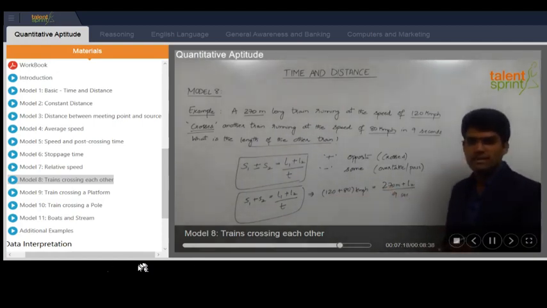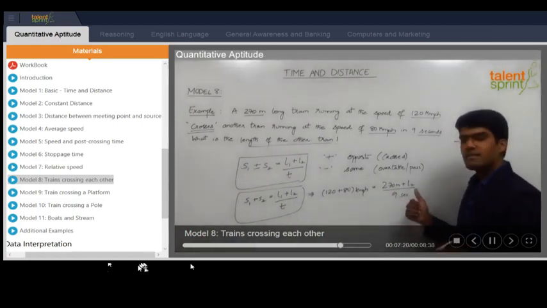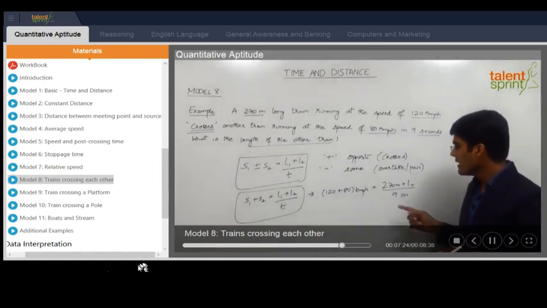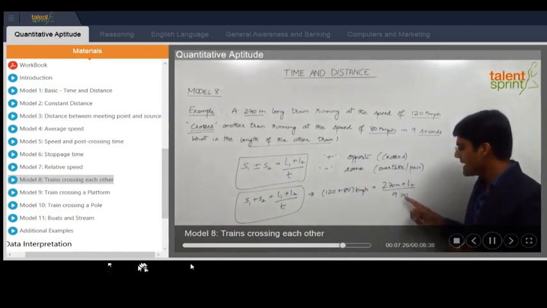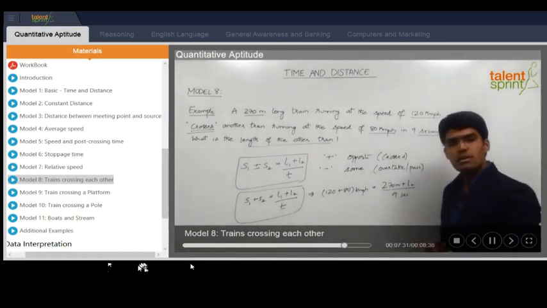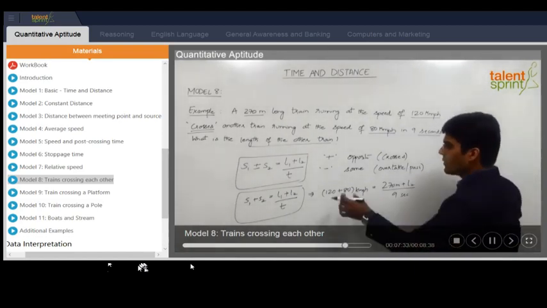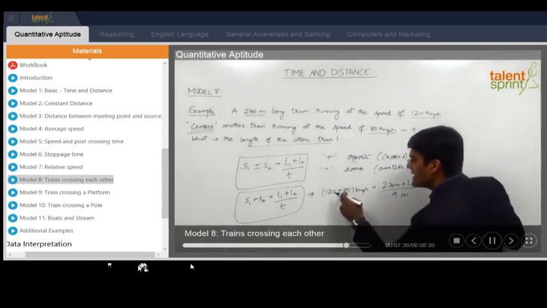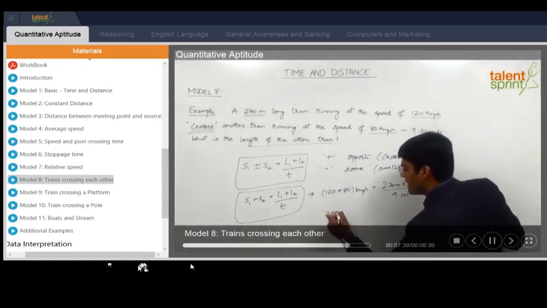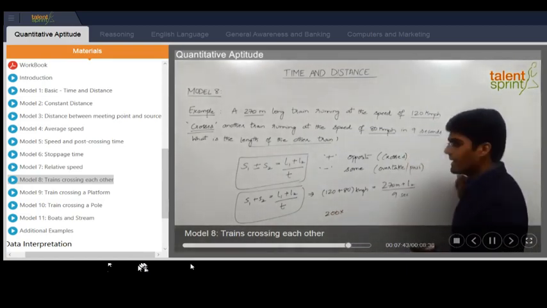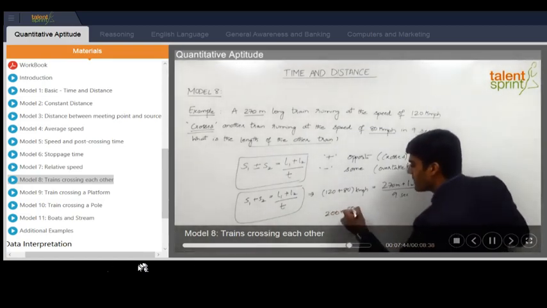Now as you can see here, 4 variables have been given and we are supposed to calculate the fifth one. But as mentioned always, we need to balance the units. Here on the left hand side we have kilometers per hour and on the right hand side we have meters and seconds. So before we do the calculation, we need to convert this into meters per second. So let us convert this speed of kilometers per hour into meters per second. So 120 plus 80, this is 200. 200 kilometers per hour can be converted into meters per second with the help of 5 by 18.